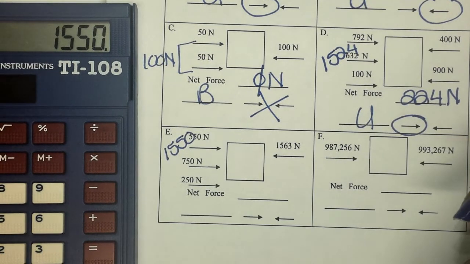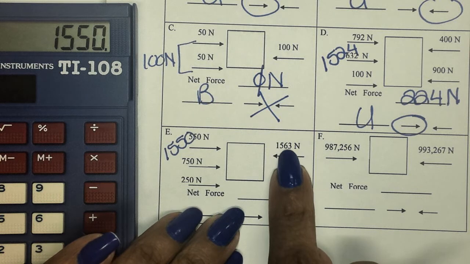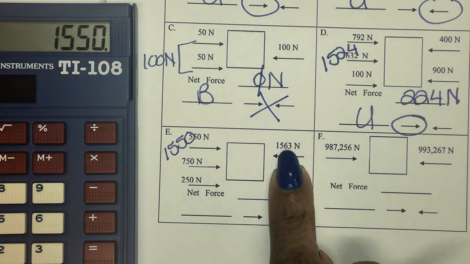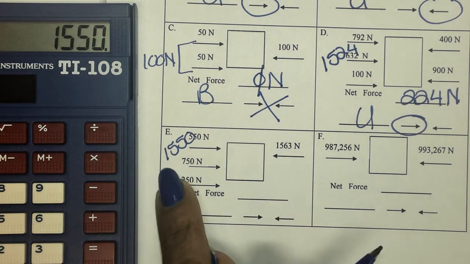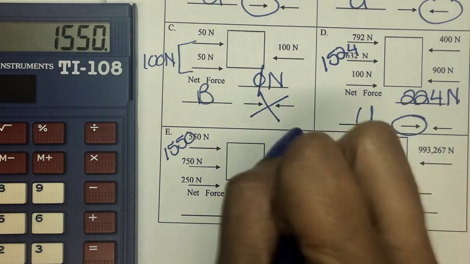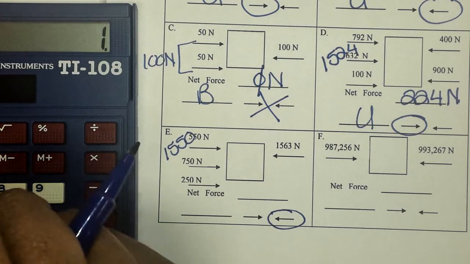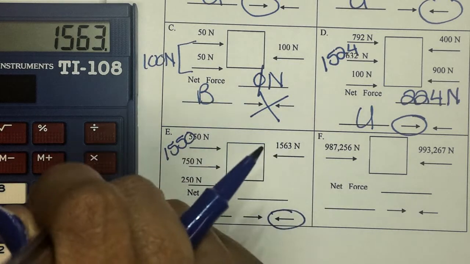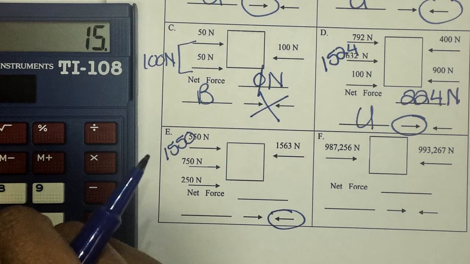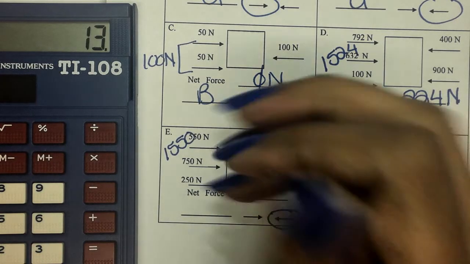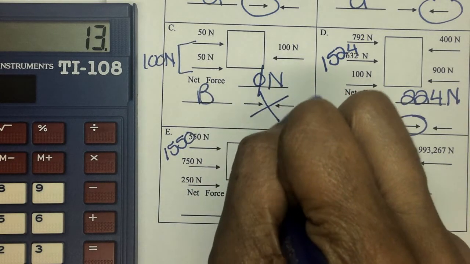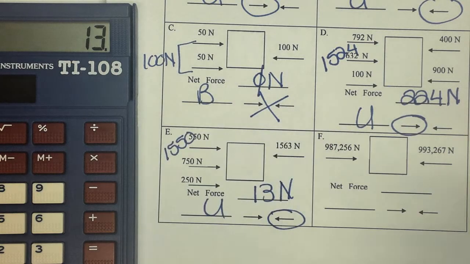So it's going to move in the direction of the greater force. Well, the greater force is here because 1,563 is greater than this one. So it's going to move to the left. So now we need to get the net force. 1,563 minus 1,550, 13 newtons, and it is unbalanced.